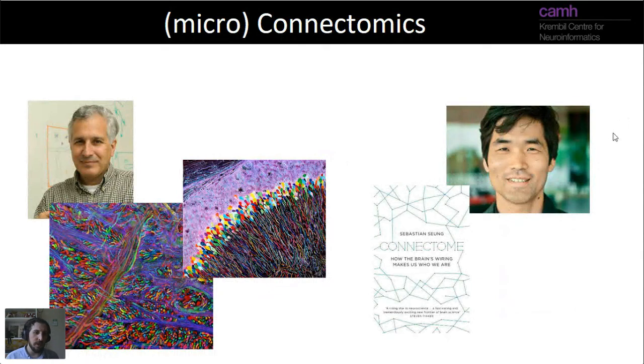So some folks, Jeff Lichtman on the right hand side and Sebastian Seung, who is now head of research at Samsung, I read, are the folks who've been studying the same question, trying to get a detailed map of all of the connections of a brain, but at the level of essentially a piece of mouse brain that would fit inside the middle part of a dime, so just about a square millimeter.